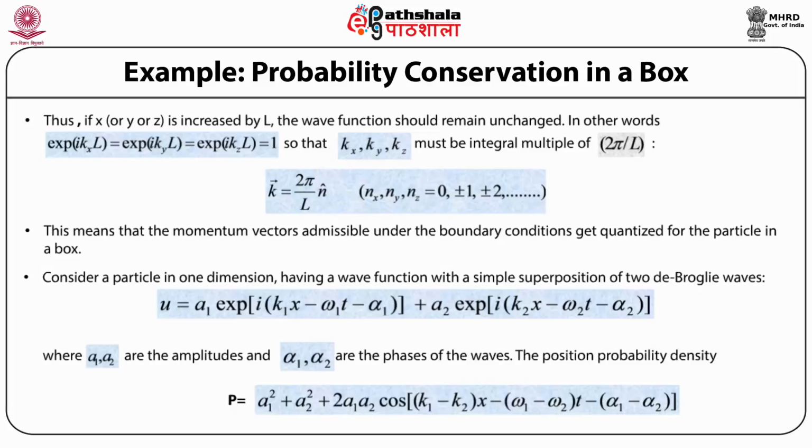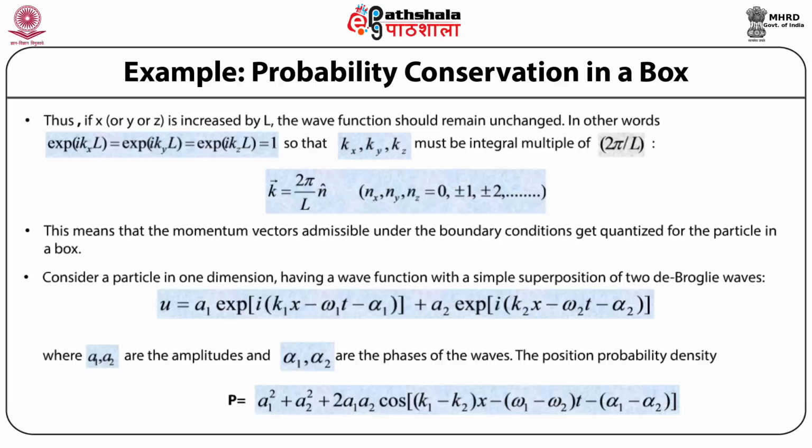So for doing this, we know that if x or y or z, that is the position along the x-axis or the y-axis or the z-axis, is increased by L, which is the edge length of the box, then the wave function should remain unchanged. That means that whatever is the value of the wave function on one end of the wall of the box should be the same as on the other end of the wall of the box along a particular axis.